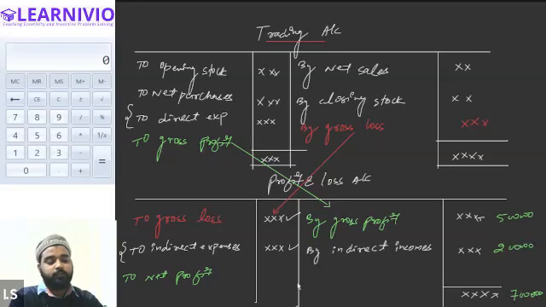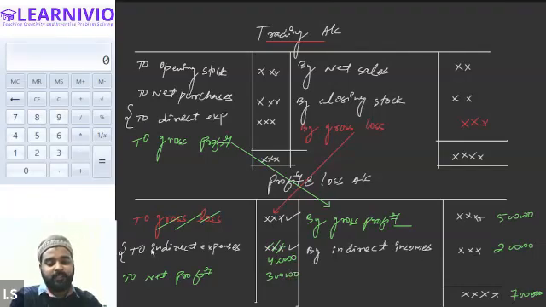Now from the 7 lakh, we will reduce the indirect expenses only, because if there is a gross profit, obviously there will be no gross loss. So let's say indirect expenses are 4 lakh. It clearly shows that the credit side is greater than the debit side. So if the credit side exceeds, then it will be a net profit situation. We will have a net profit of rupees 3 lakh.